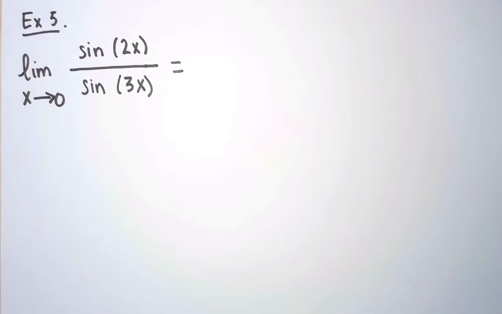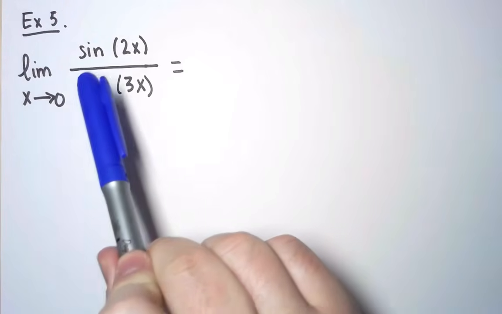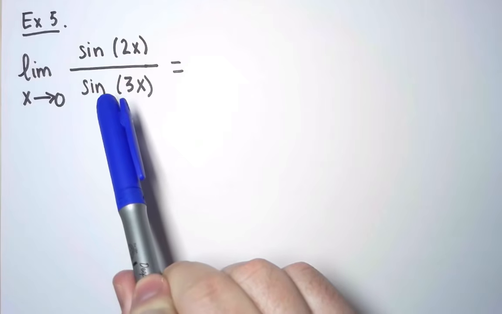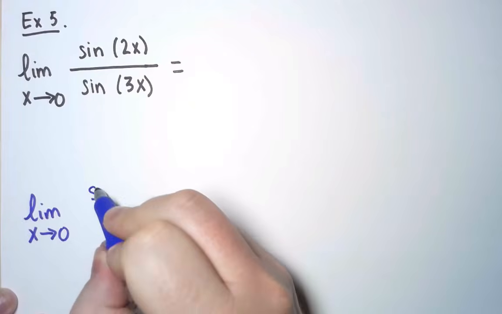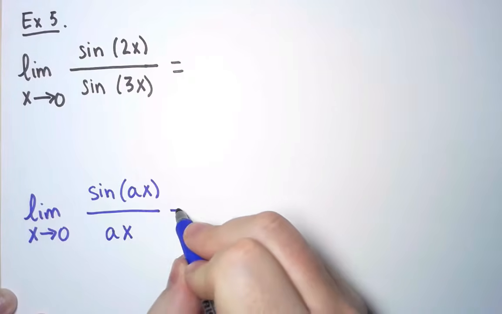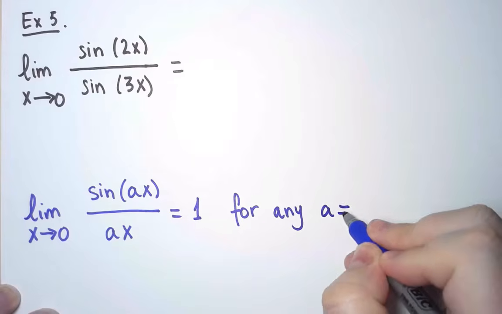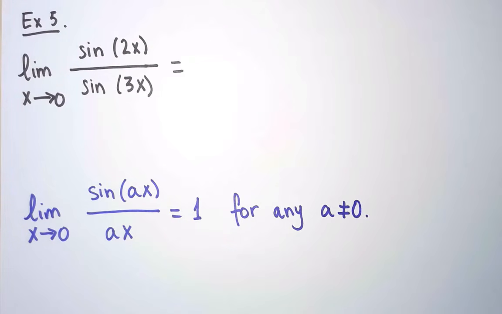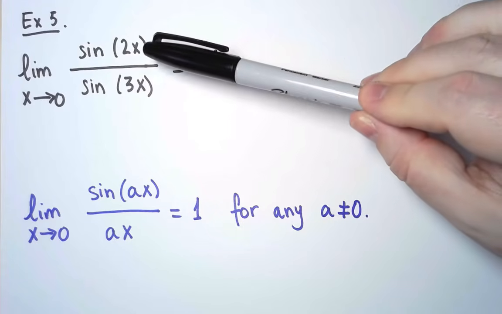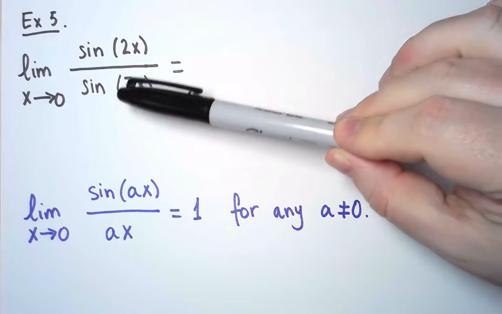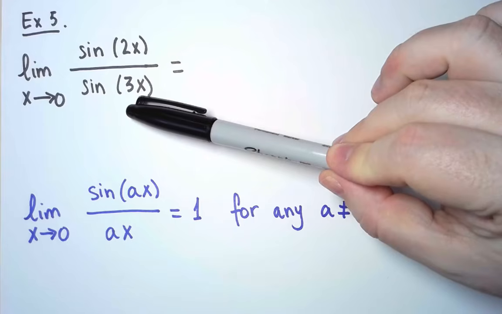The same idea can be made more interesting. I want to compute the limit as x approaches 0 of sine of 2x over sine of 3x. With the same argument as in the previous example, I can conclude that the limit as x approaches 0 of sine of ax over ax is 1 for any non-zero constant a. So in this limit, it would be quite convenient if I had 2x divided by sine of 2x, and 3x divided by sine of 3x.